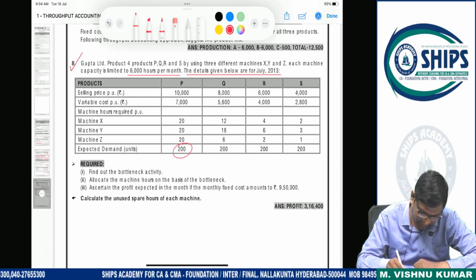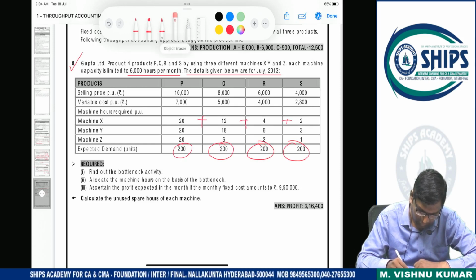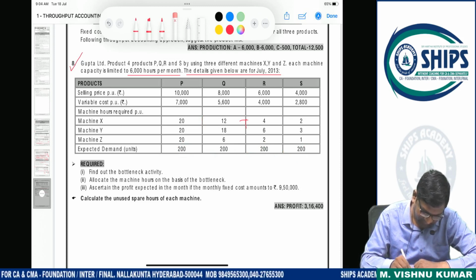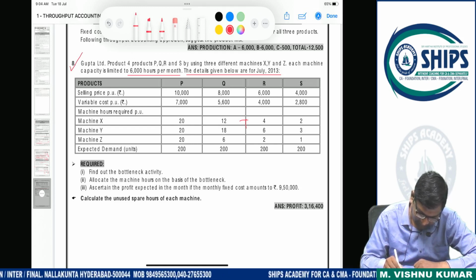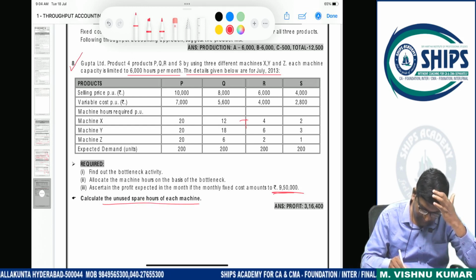Here demand 200 is given, same. So when this is same, add this and directly you can multiply, will get total how much time required for X, Y, Z. Allocate bottleneck activity. Ascertain machine hours on the basis of bottleneck. Ascertain profit expected in month if monthly fixed cost is 9,50,000. Calculate unused spare capacity also.